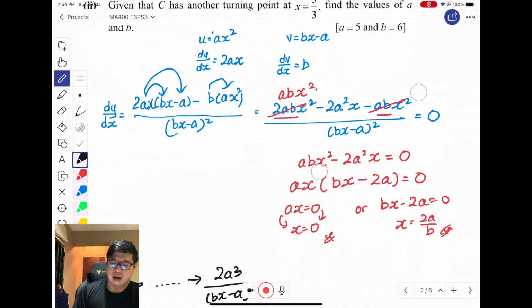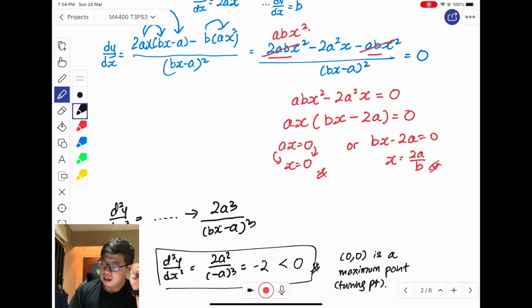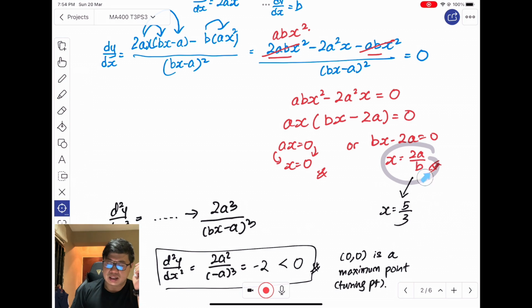Now remember just now, when we equated dy/dx to 0, x can also be 2a over b. So what they are suggesting to you now is that this x equals to 5/3 basically represents this 2a over b, which is 5/3.